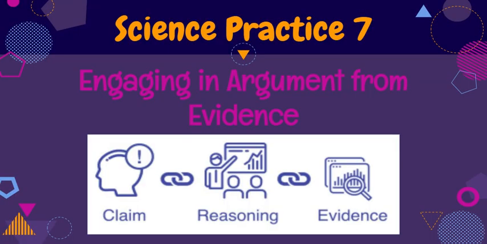Science practice 7 is engaging in argument from the evidence, right? So once we've collected that evidence, we need to be able to communicate to other people our data and our findings and our conclusions. And those things have to be based in evidence. So this is, again, our claim evidence reasoning piece, right?